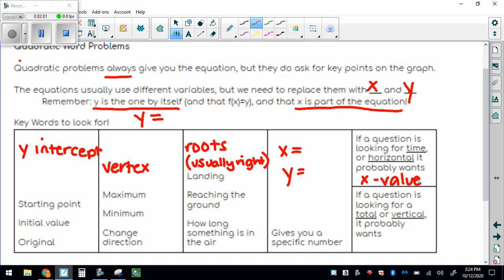Anything asking for total or vertical, and specifically in vertical, a lot of times it asks about the height of something, it probably only wants the y value. So you're probably going to go to the y-intercept, the vertex, or one of the roots, but then you're only going to give it the x or the y value depending on what it asks for.